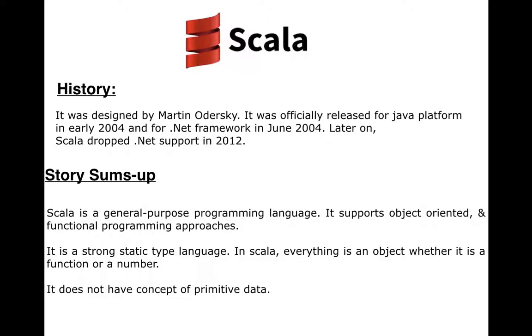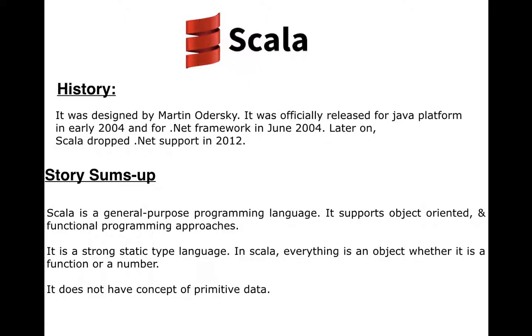Also, with functional programming you can pass your function inside a variable, or you can pass your function as a method parameter argument. I will show you all of this in a practical way, how a complete function can be stored in a variable and how a complete function can be passed as a parameter to another function. I will show you all of this while we are doing practicals.